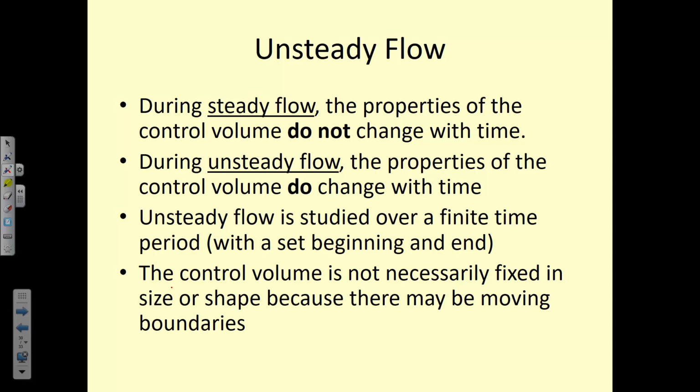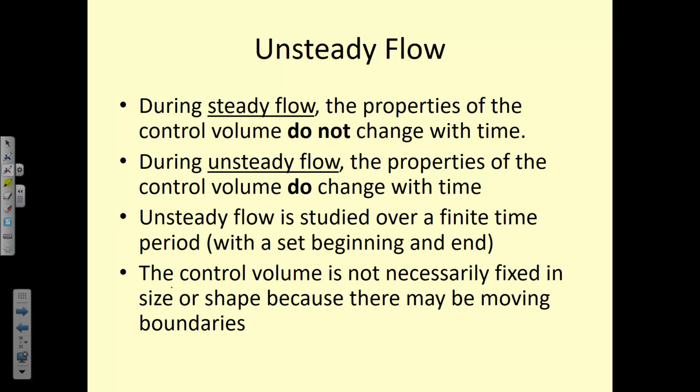But with unsteady flow, you need to know the beginning and the end point because that will make a huge difference in the property values of your system. Also with unsteady flow, we can add complications to it, like the boundaries can move or change. And so the size or the shape of the control volume is not necessarily fixed, and the properties are changing.